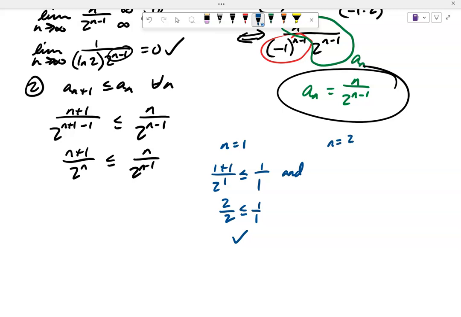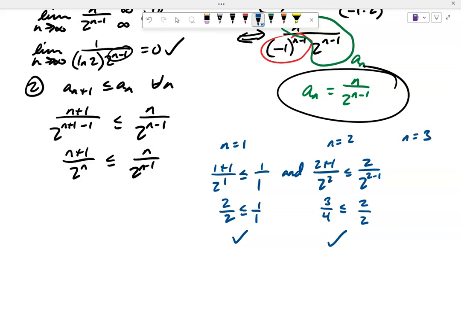What about if n was 2? Then I'd have 2 plus 1 over 2 squared, so is 3/4 less than or equal to 2 over 2^1? Is 3/4 less than or equal to 1? Yeah, that's true. You could keep going with this.